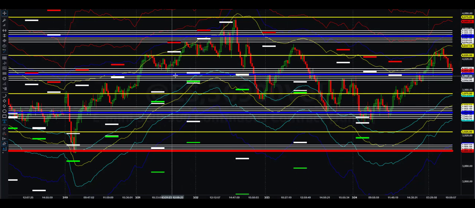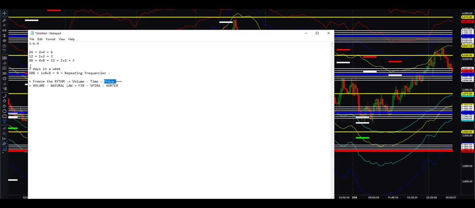So today we have frozen the volume component using natural law. So this is a volume chart. How many shares have been traded on ES? Once you apply based on your frequency of trading, then we can simply do a bar counter and see if we can time the market.